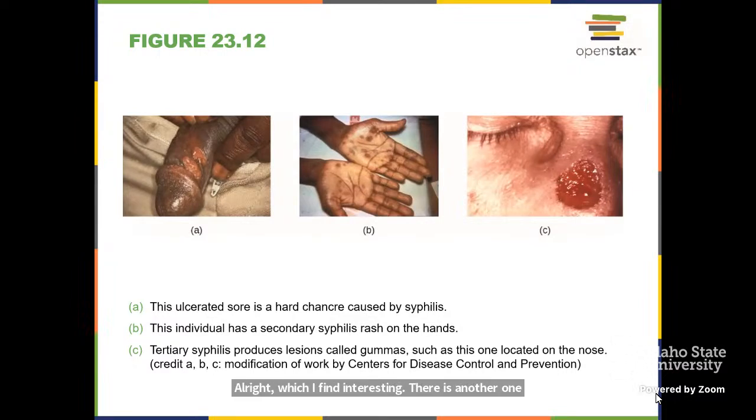They are very painful, and it's a Haemophilus that does that. We'll see it in a second. All right. So hard chancre caused by syphilis that's painless. The secondary syphilis is a rash that results. We can see this on the hands, potentially elsewhere, but often this is where we see the involvement, and it may be transferred from contact with that.